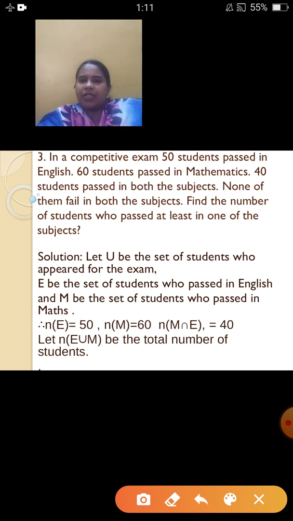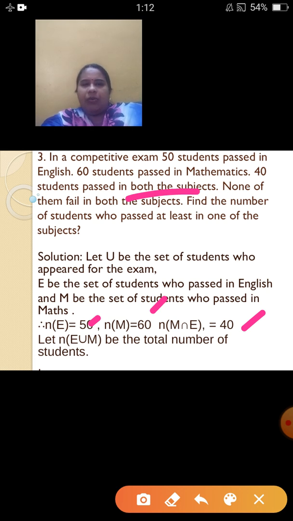So let us represent U with the set of students who appeared for the exam, the universal set. E is the students who passed in English. M is the students who passed in maths. Accordingly, E will be 50, M will be 60, and both the subjects, it will be the intersection, that is 40.